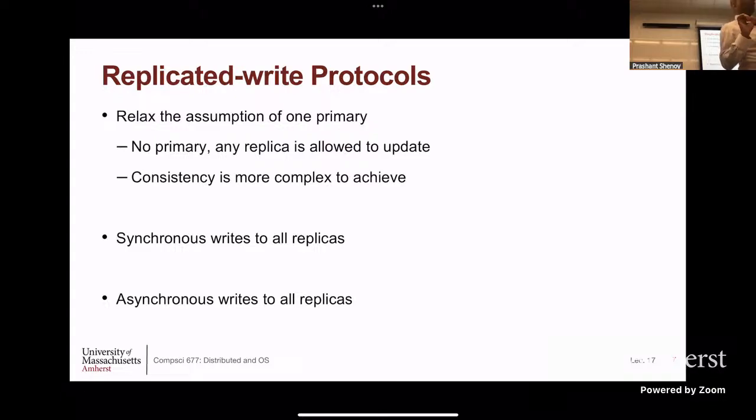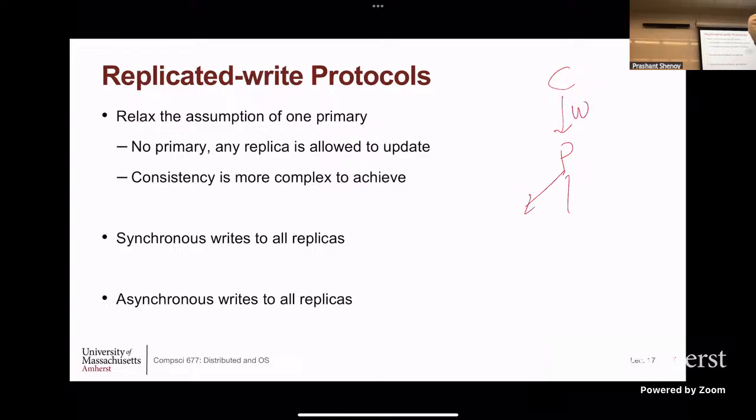When you do synchronous writes, that essentially means it's a blocking write, which means all the replicas have to have seen the write and responded before the write returns back to the client. That is called a synchronous write. So if you have a client C, and this is your primary, in a synchronous write, the write comes here.